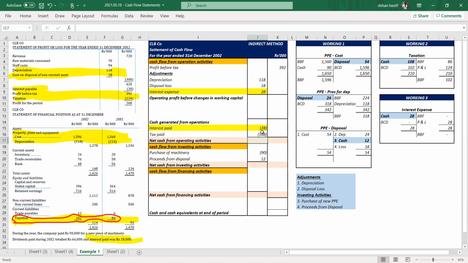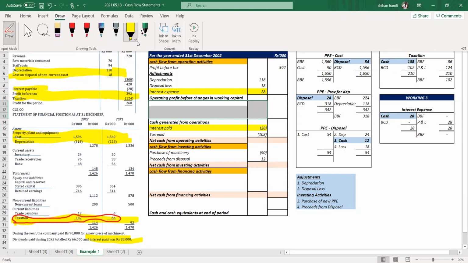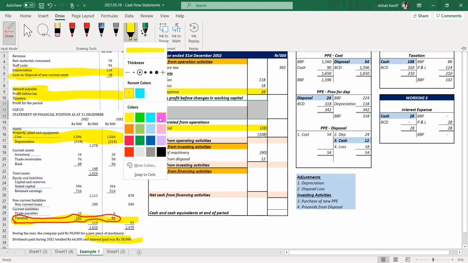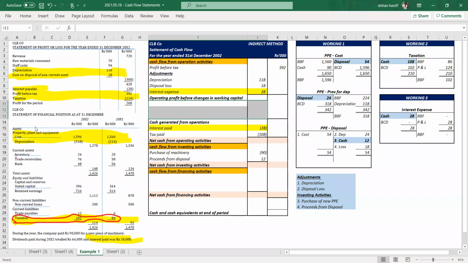Then now we have to do the working capital. Take the inventory, trade receivables, and trade payables.